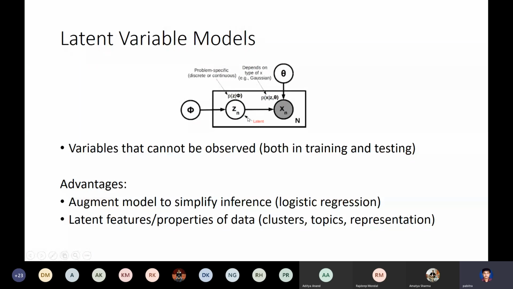And when you model the distribution of xn, you have some kind of prior or other parameters, which is theta. Similarly, zn can also have a set of distribution parameters, which we call phi. So theta is a parameter for xn, phi is a parameter for zn. But zn is a latent variable which determines x, but zn is not observable. We don't have the values of zn either in the training set or in the test set.